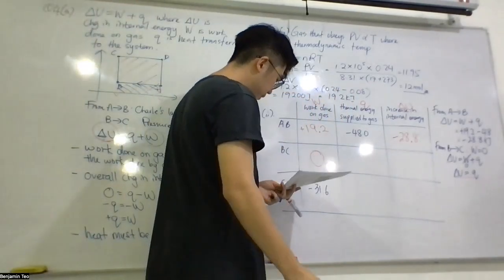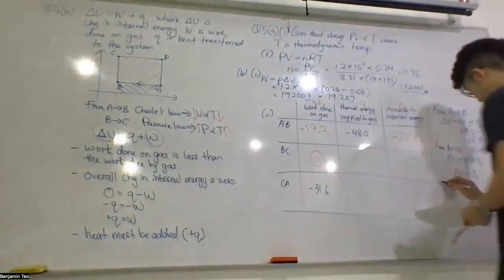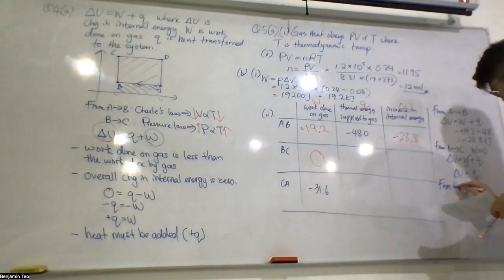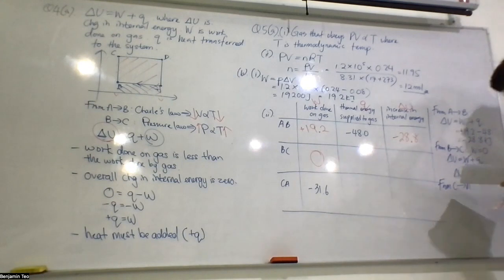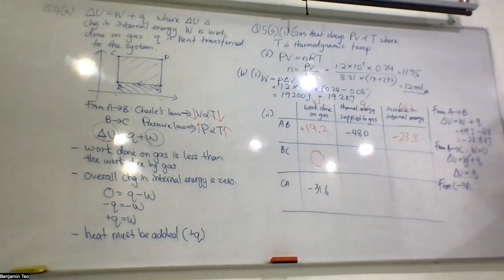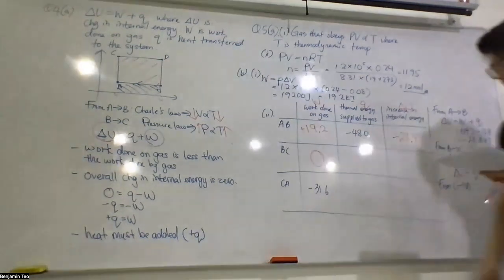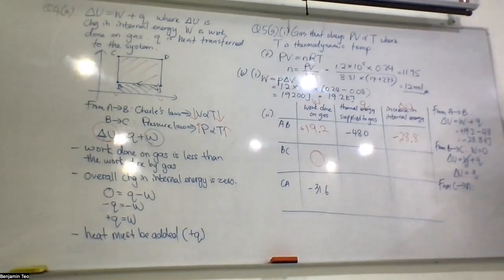Okay, so now from C to A. From C to A, we are given the work done on gas. We also know C to A is constant temperature.